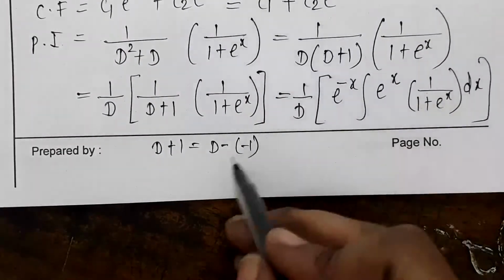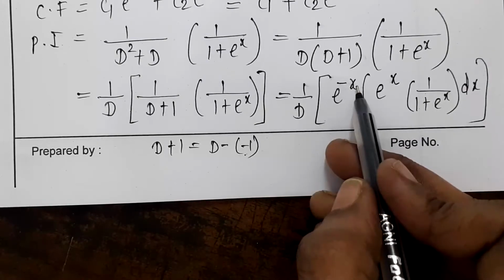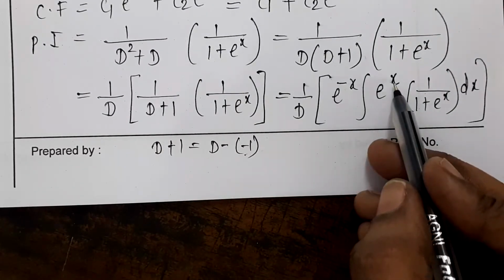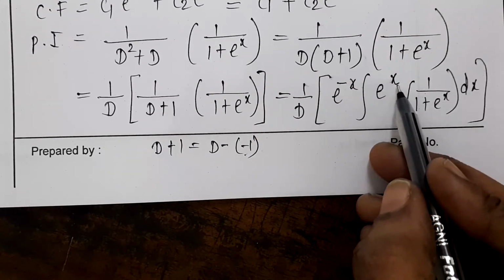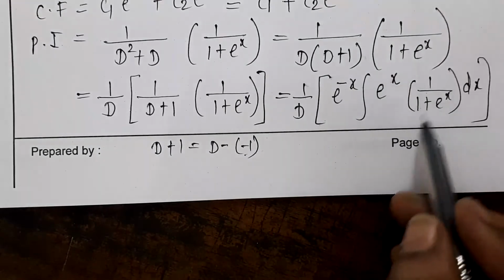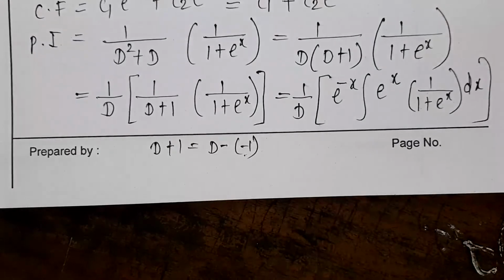Okay, what is a? A is here minus 1, so it is e to the power minus 1 into x, inside integration e to the power ax, so e to the power minus x, e to the power minus of minus 1 into x, 1 upon 1 plus e to the power x into dx. Now simplify it further.